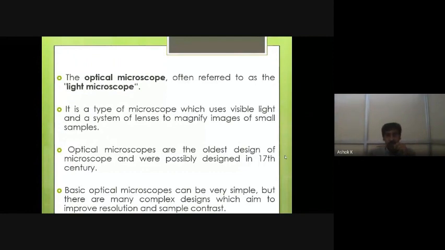The basic optical microscope is very simple, and now optical microscopes are made with good designs, incorporated with monitors for seeing the images and also for enhancing the quality of the image. That means improvement in the resolution of the captured images.